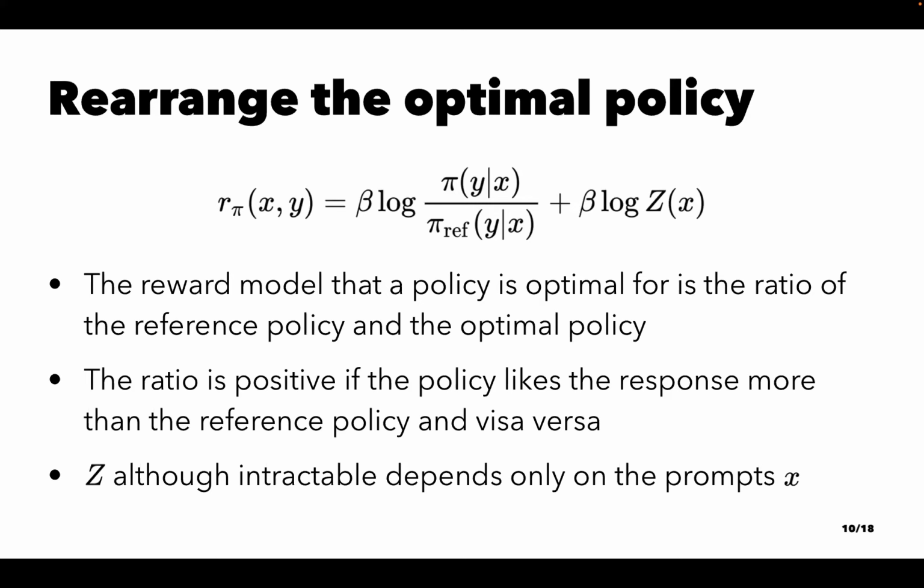Here by policy, I mean the language model. This ratio is positive if the policy likes the response more than the reference policy, and vice versa. So this is negative if pi doesn't like the response relative to the reference, and positive if it likes it. But we still have our problematic Z term.